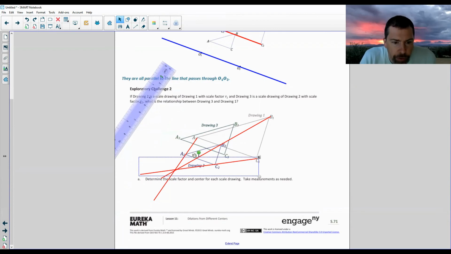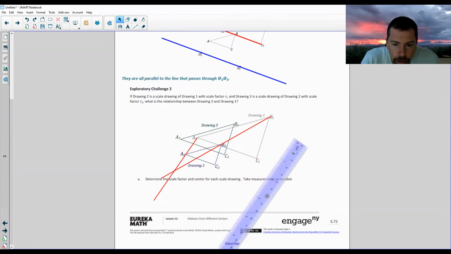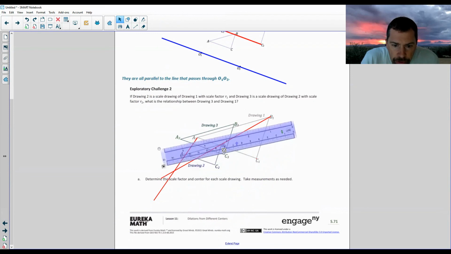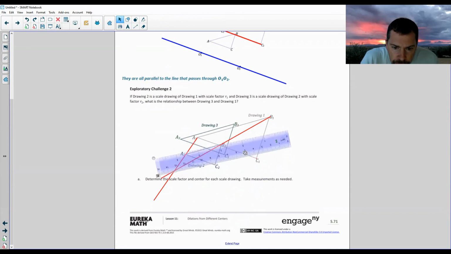Let me delete that and do it again. Accuracy is really important when you do these. That's better.